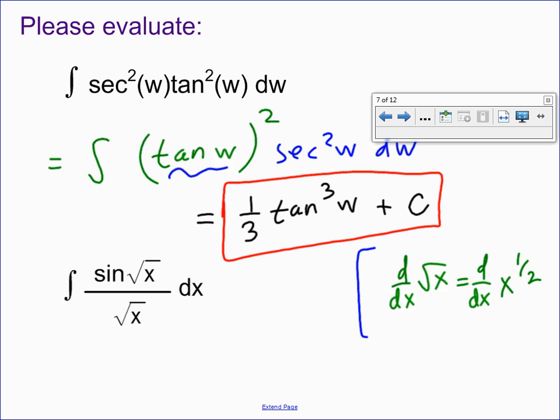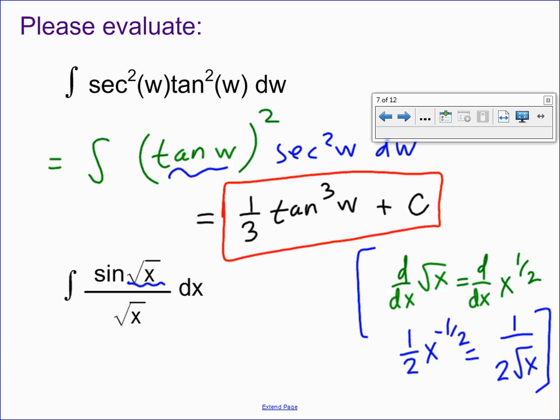The derivative of that angle, x to the 1/2, is really 1/2 x to the negative 1/2. If I rewrote that with radicals, hop the line and change the sign, this would become 1/2 radical x. And so as I think aloud, I see that this radical x on the bottom is acting as part of the derivative of that angle in my original trig function. Except I'm missing something.